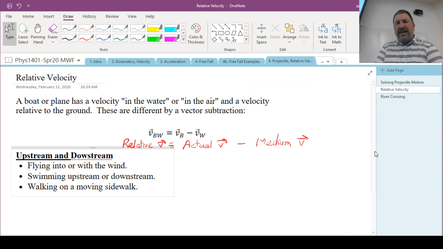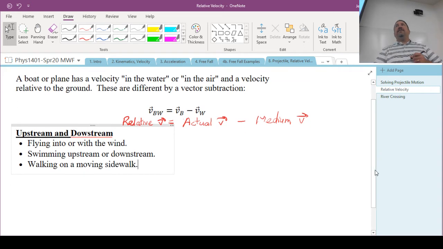Usually when we deal with these situations, the first introduction is thinking about a boat in water, because for most people it's easy to imagine standing on the land and standing in the boat, and it's fairly straightforward to think about what it's like to be in the water.